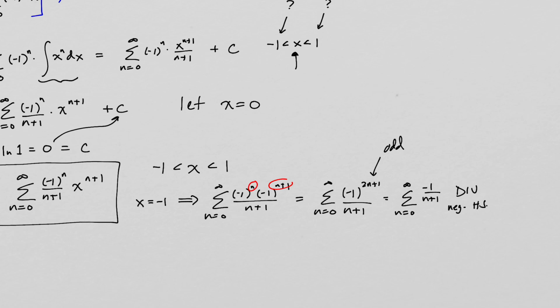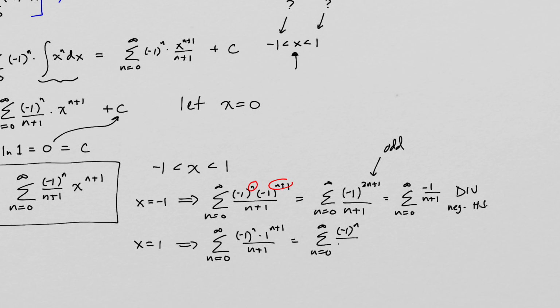So we will not be including negative 1 in our interval. What if x equals positive 1? Well, if we plug in positive 1 into our series here, we're going to get the sum n equals 0 to infinity, negative 1 to the n times 1 to the n plus 1 over n plus 1. 1 to the n plus 1 is simply 1.